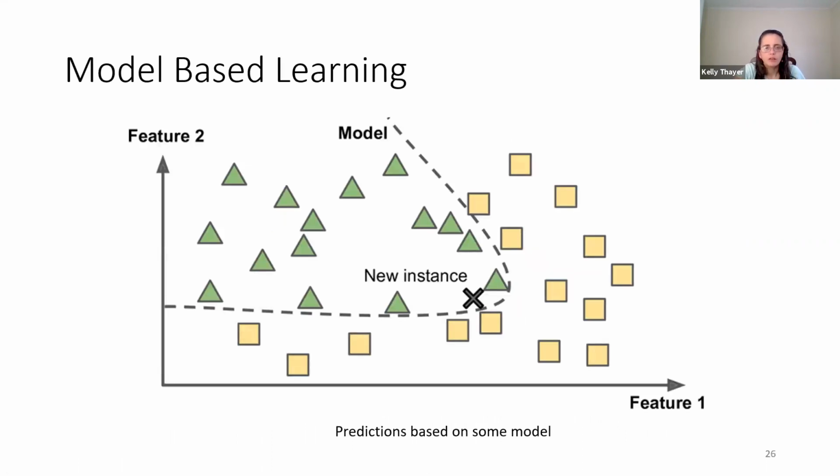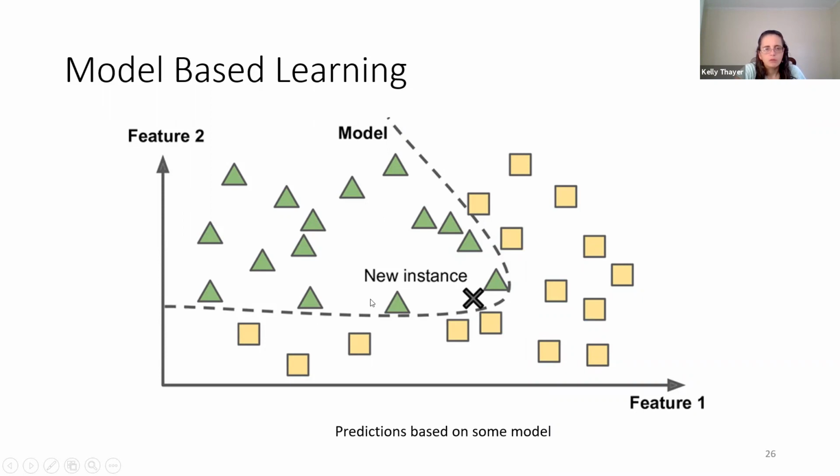Model-based learning, on the other hand, is going to be based on some kind of a model. Instead of comparing to known data, it's going to surmise that this dotted line divides the different types of data. Maybe this model has a specific equation to map this boundary, maybe it was obtained by some particular method.